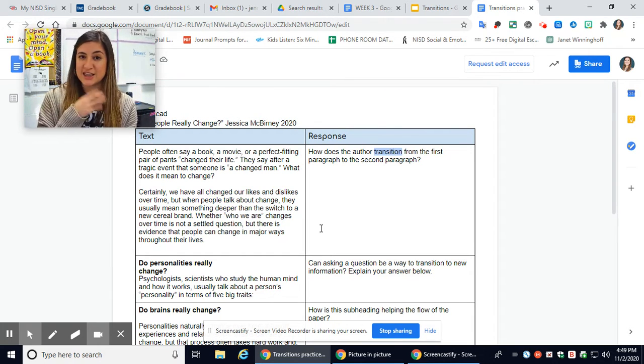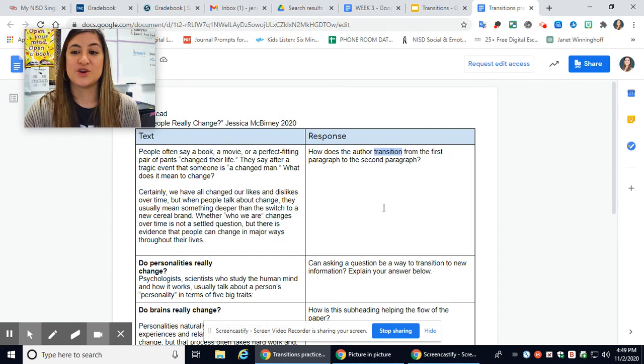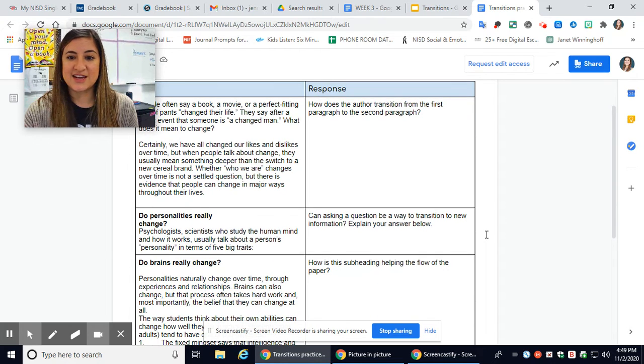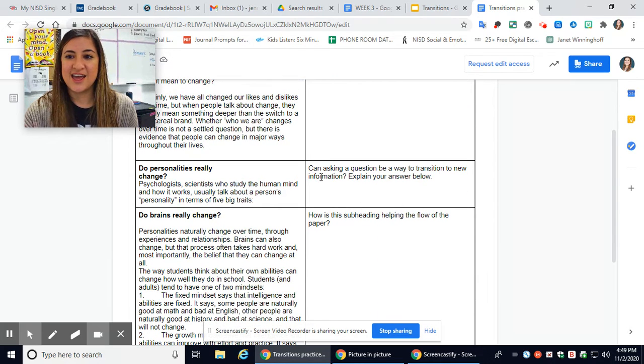Here you are trying to find what technique the author used, what words the author used to transition from the first paragraph to the second paragraph, and you're putting your response here.